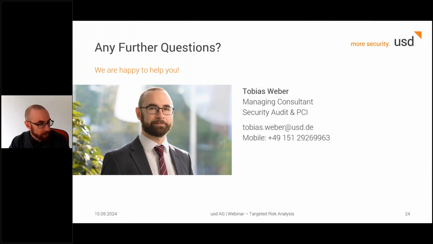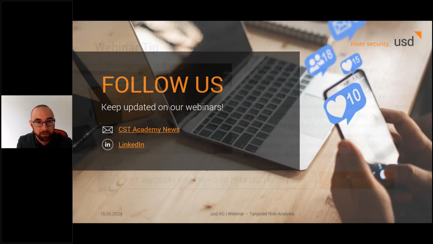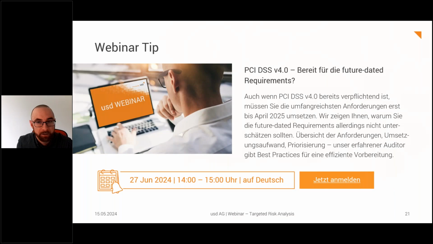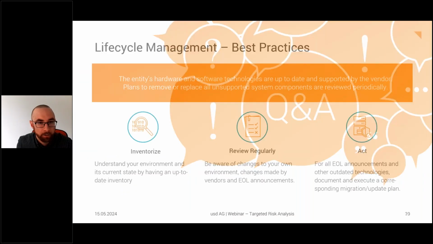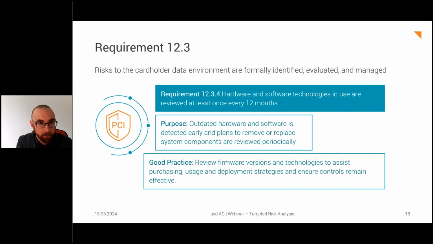By now, we also have a question that I can answer. So the question is, is it possible to review the last requirement and the exact number? So I think this was about the last sub requirement that we were looking at.